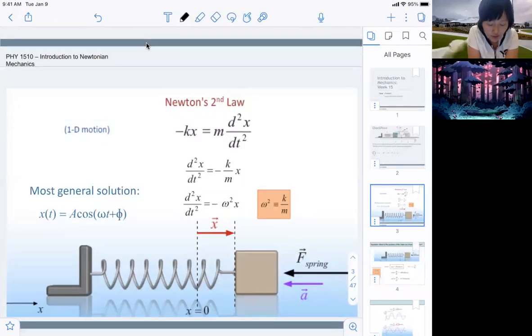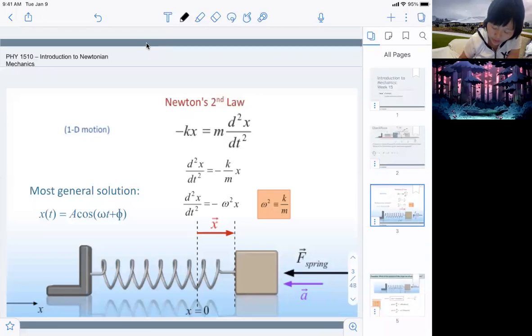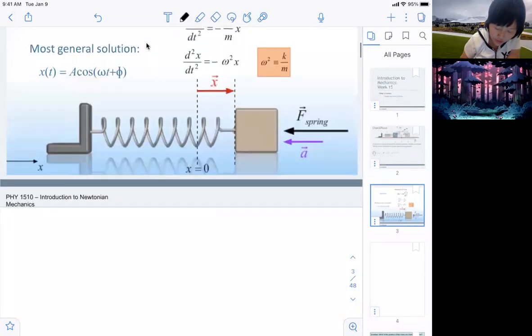Now this slide has to do with derivation, because students were wondering how we get the simple harmonic equation to describe the motion of the mass M. Does it come from Newton's second law? So let's do this derivation together. So again, this is the spring and mass simple harmonic oscillation that you were just seeing.